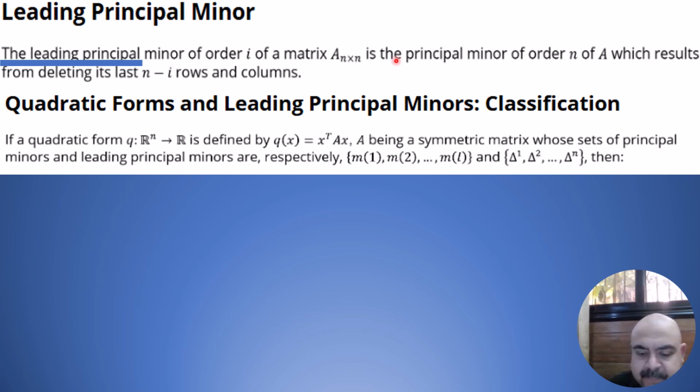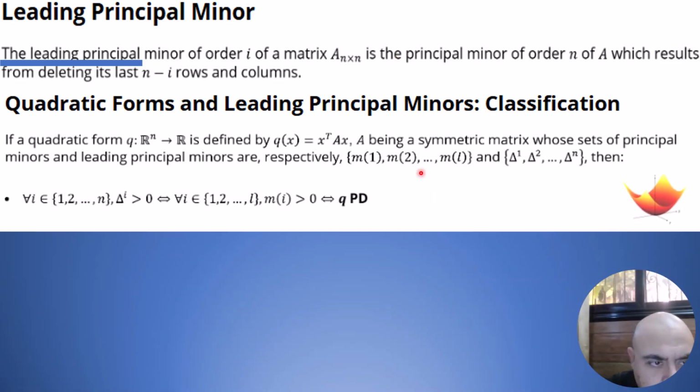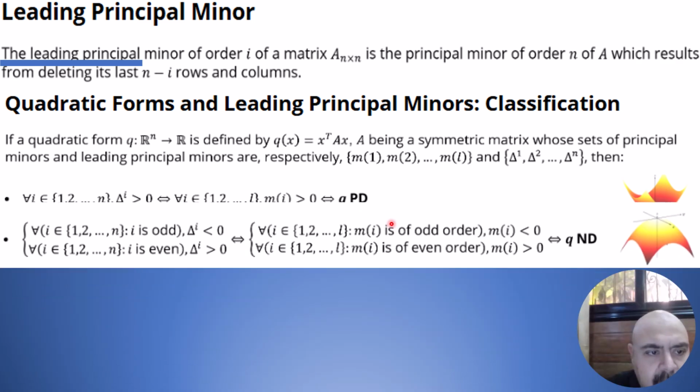Hessian matrix. So now once more, if all the leading values are positive, greater than 0, then you will have a positive definite. But if the odd-order leading principal minors are negative and the even-order ones are positive, that's a negative definite, and that's a huge difference.